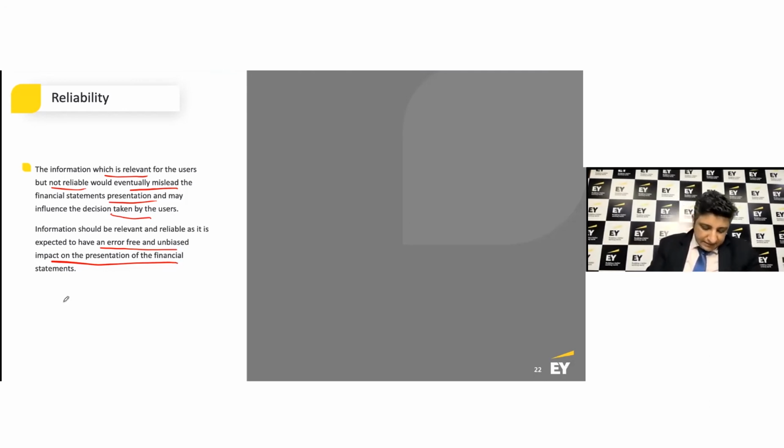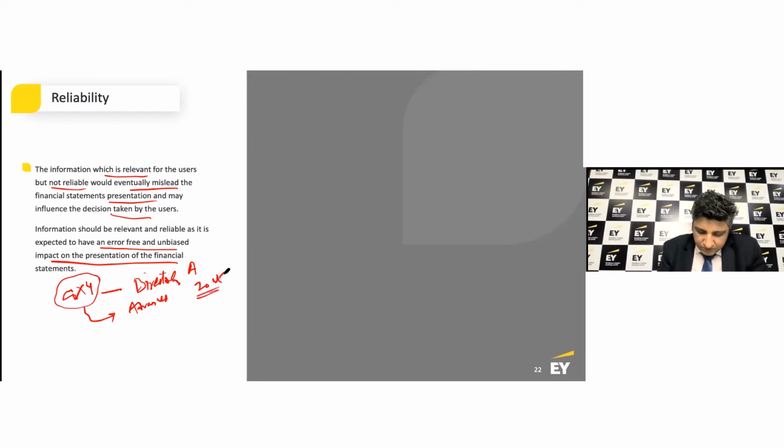Let's say there's a company XY, a simple example that we have read about, and there's a director A. The company advances 20 crore rupees to director A, which is okay. There's nothing illegal about it. That could be allowed, right?